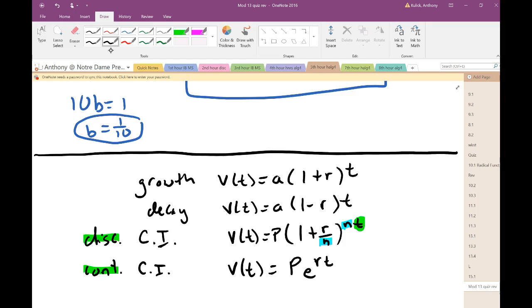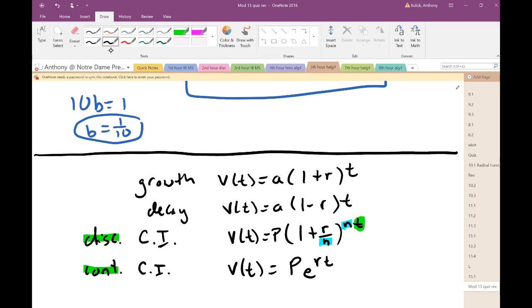If it says compounded weekly, I would use discrete. If it says compounded annually. If it says compounded every second, discrete. If it says compounded every nanosecond, discrete. If it says compounded continuously, then use the continuous one. Okay, so that's really the phrase you need to see.